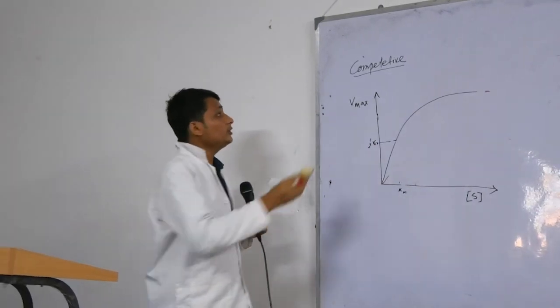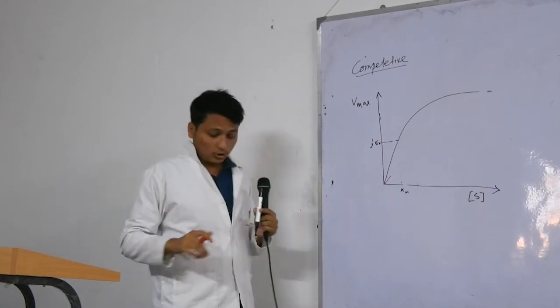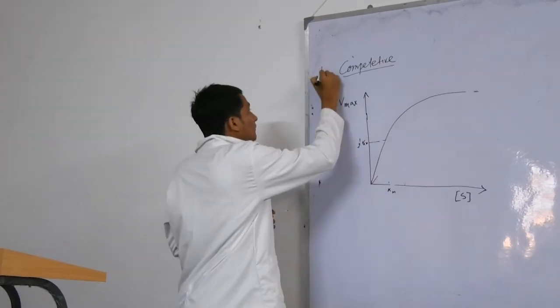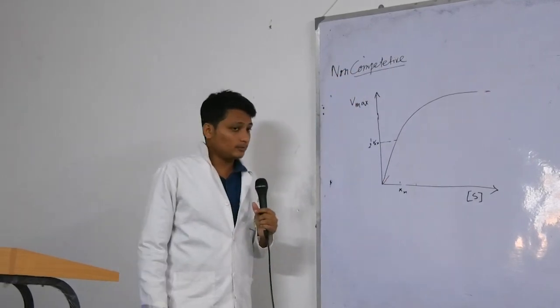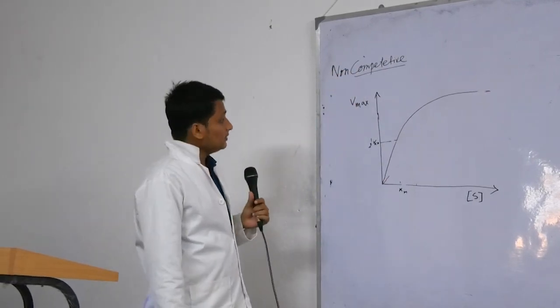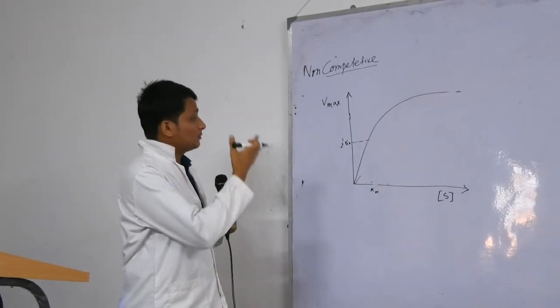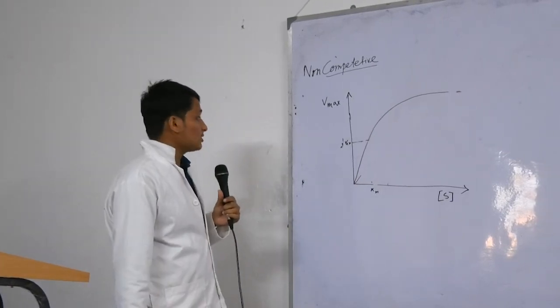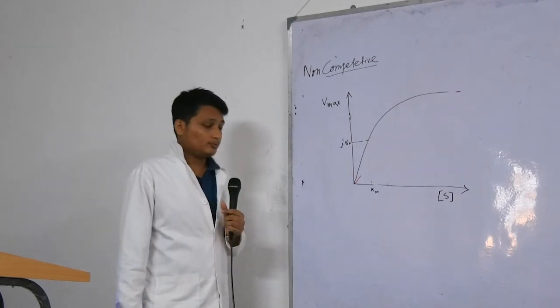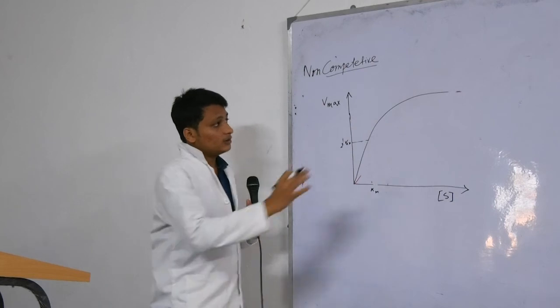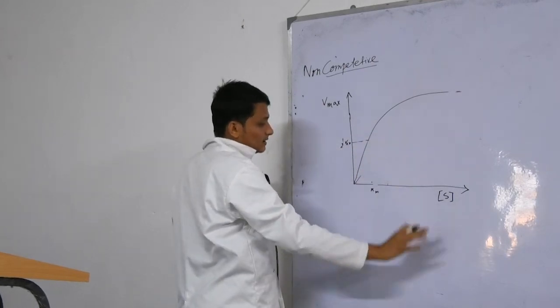Now we are going to tell about non-competitive inhibition. In non-competitive inhibition, the inhibitor binds non-covalently with the enzyme, but there is no structural similarity between the substrate and the inhibitor. So the normal non-inhibited graph is here.